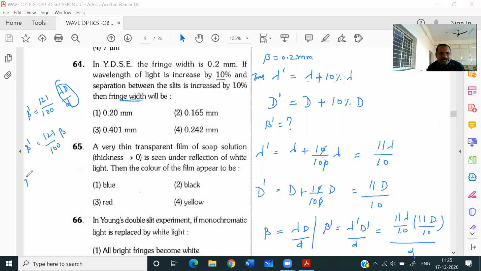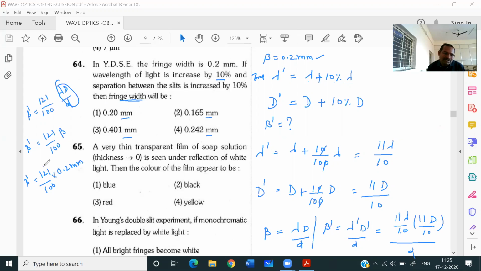So beta dash becomes 121 by 100 into the original fringe width, which is given as 0.2 millimeter. Clear? See, the options are in millimeters only, so the unit is not changing.